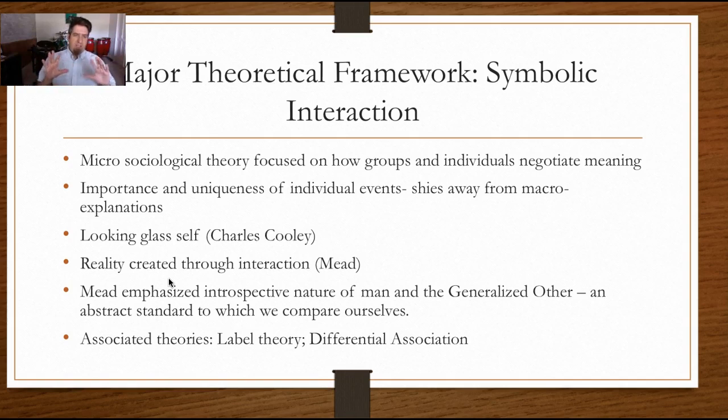So this overall general framework has many different theories. Label theory and differential association are both theories that are associated with the sociology of deviance.